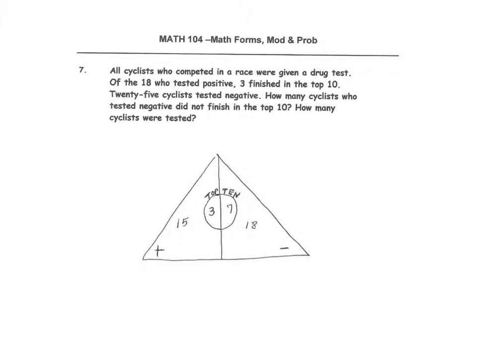Now, problem 7 is very similar to the previous problem that we just went over. So here we have cyclists who competed. All of them took a drug test, right? That's what the question says. So some of them tested positive, some of them tested negative.